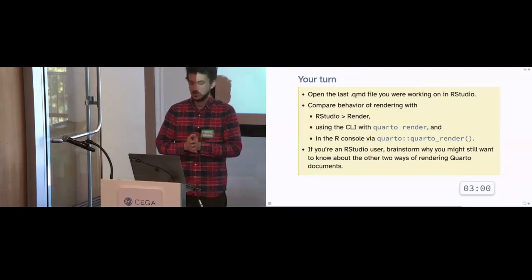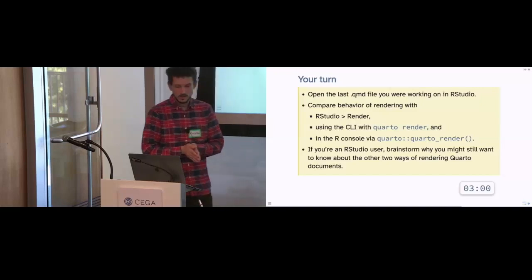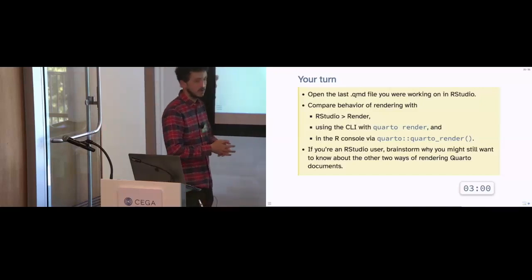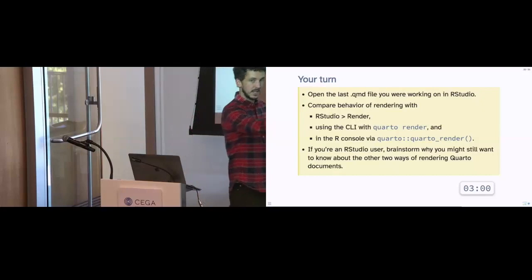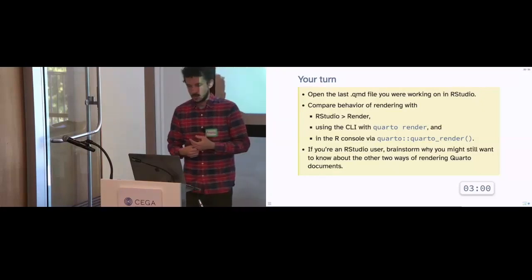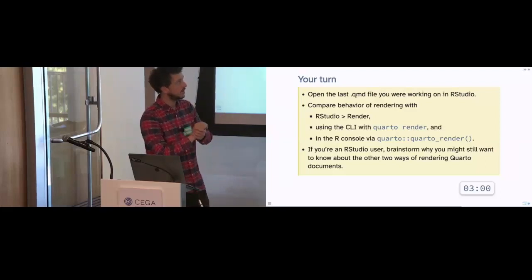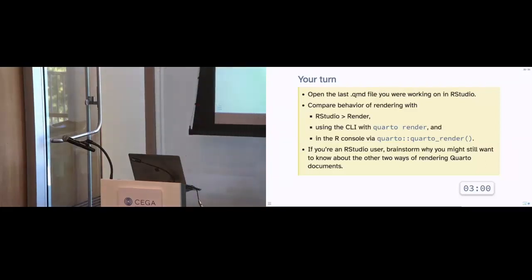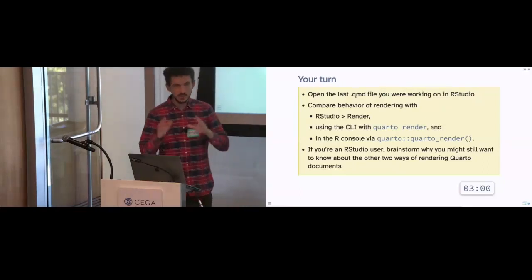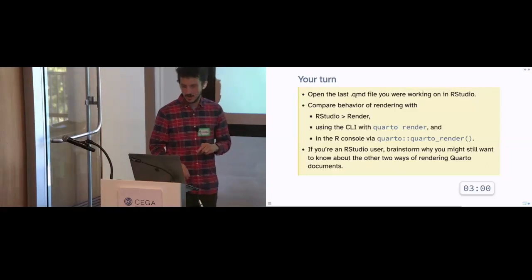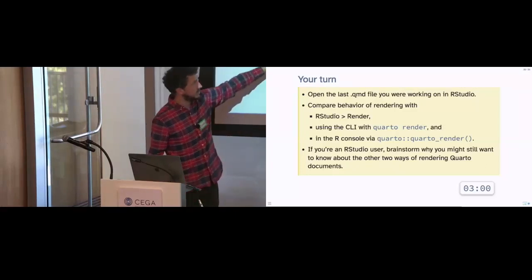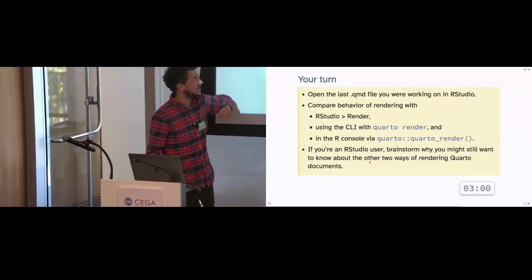Try the RStudio render button, try going to your terminal and doing quarto render, space, the name of the file. And then in your console, at the little R prompt, try running, inside the quarto package, quarto render, then give it a string that's the name of your file. Try tinkering with three different ways that you could render a document. And if you're an RStudio user, I'll ask you afterwards why the other two methods might be helpful.